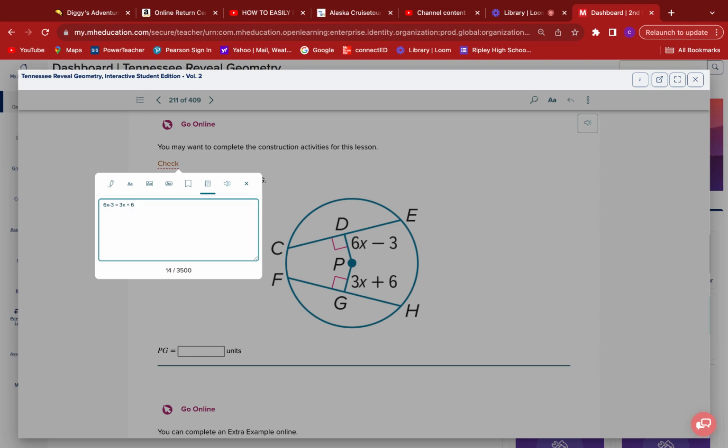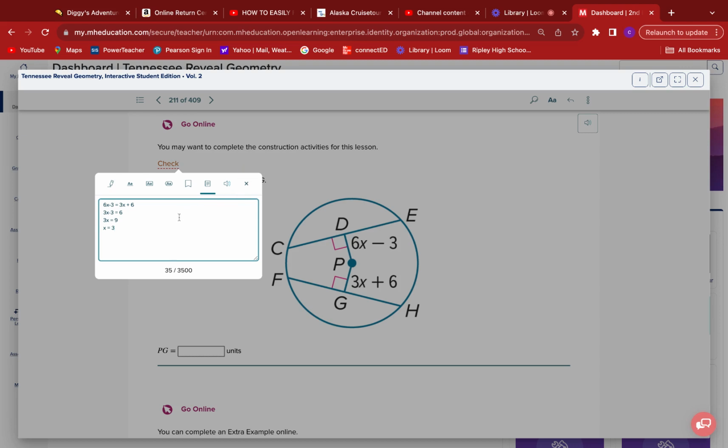All right, so I'm going to subtract 3x to the other side. So 6x minus 3x is 3x. Bring down my minus 3 and my equal 6. The opposite of subtracting 3 is to add 3 to the other side. So 6 plus 3 is 9. And the opposite of multiplying by 3 is to divide by 3. 9 divided by 3 is 3.